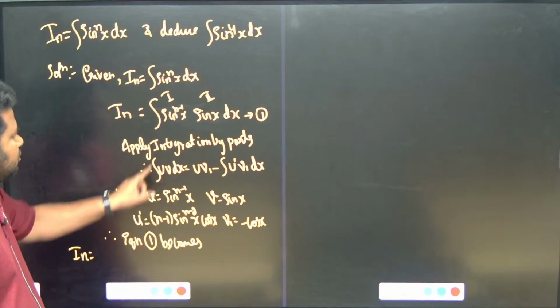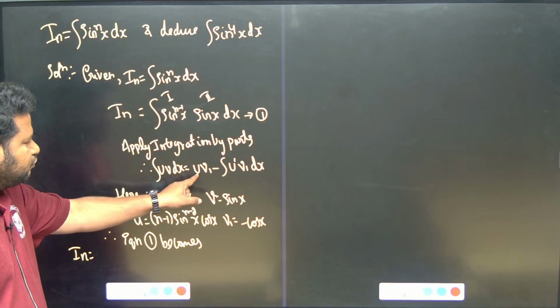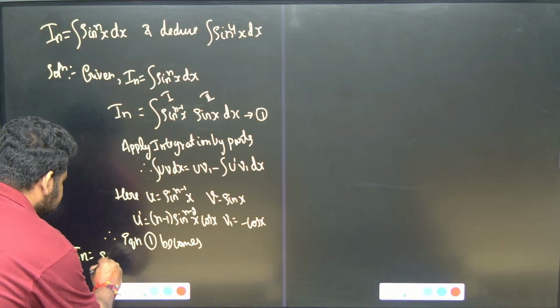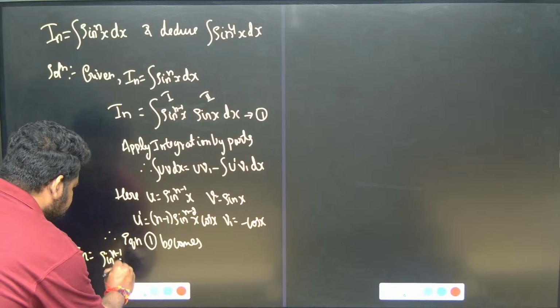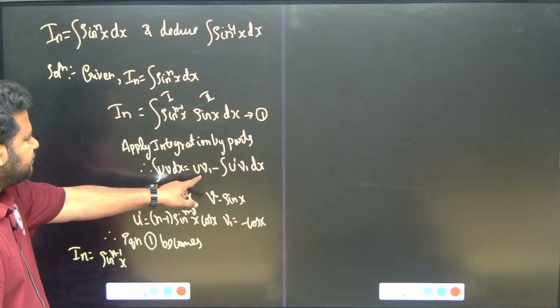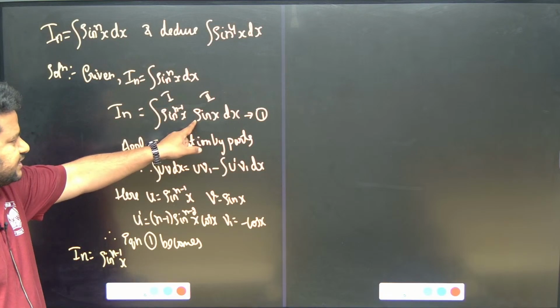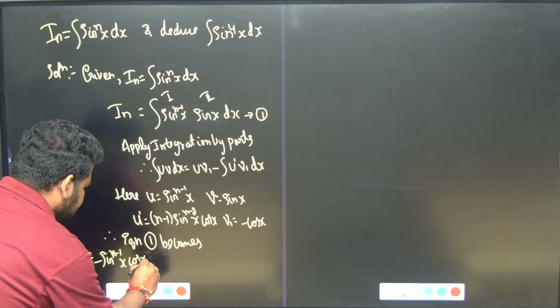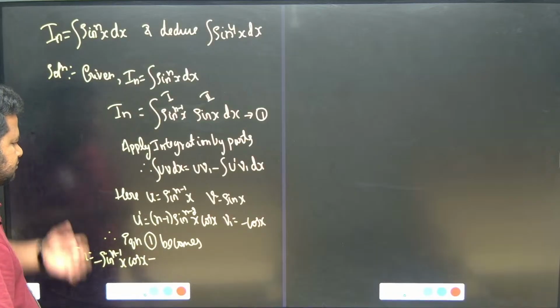So we have u, v dash. u is sin^(n-1) x, so I will write sin^(n-1) x into v1, which is the integral of sin x. Integral of sin x is minus cos x.